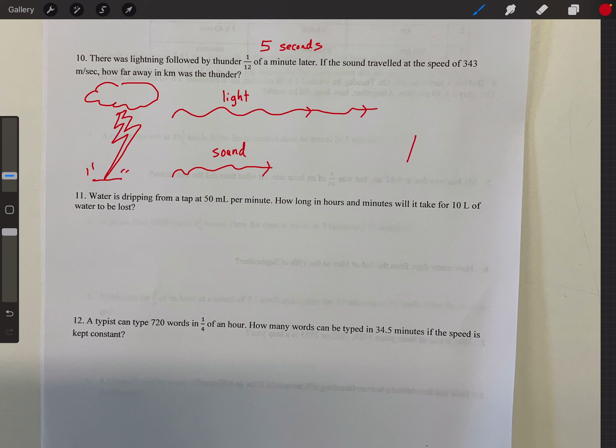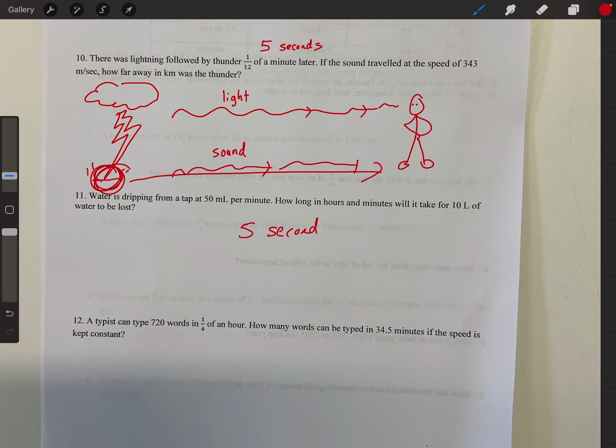So you're standing over here somewhere, you're a certain distance away, okay? You will see the light first, and then the sound will come after that. Now it says the lightning, so the moment it hits, right, you will see the light, and then the sound is 5 seconds later than that. So that means the time it took for the sound to travel from here to you was 5 seconds.